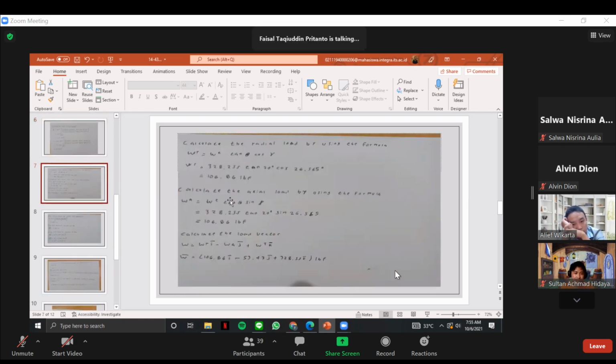After that, we calculate the radial load by using the formula. The formula is W_R equal W_t tan phi cos gamma. So we substitute it and we get 106.864.